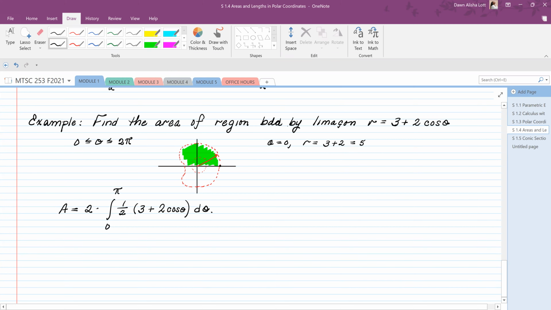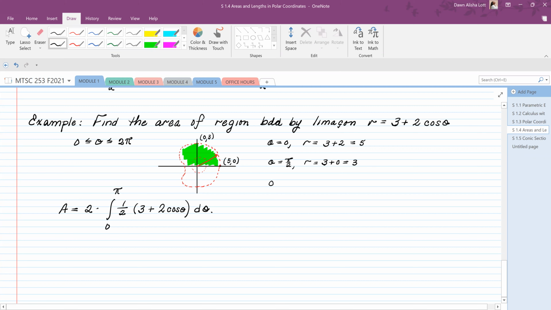And we say theta equals pi over 2, r is equal to 3 plus 2 times 0. So that's 3. So this is the point (5, 0), and this is the point (3, pi over 2).